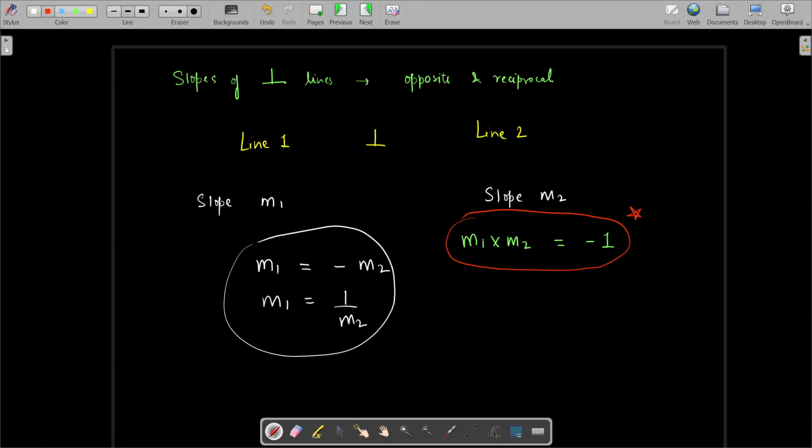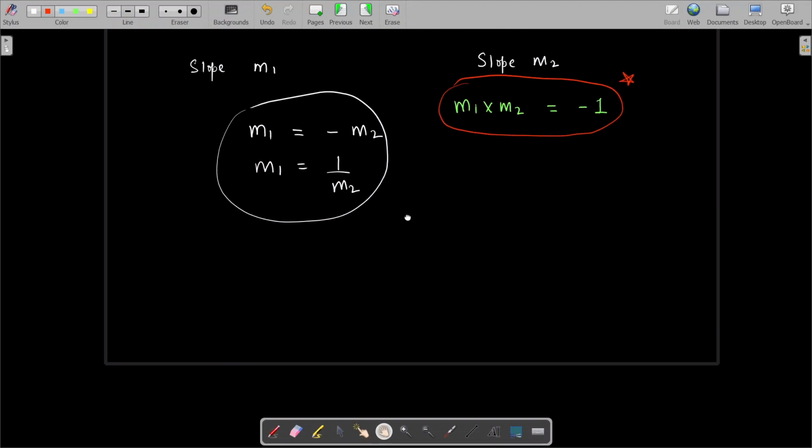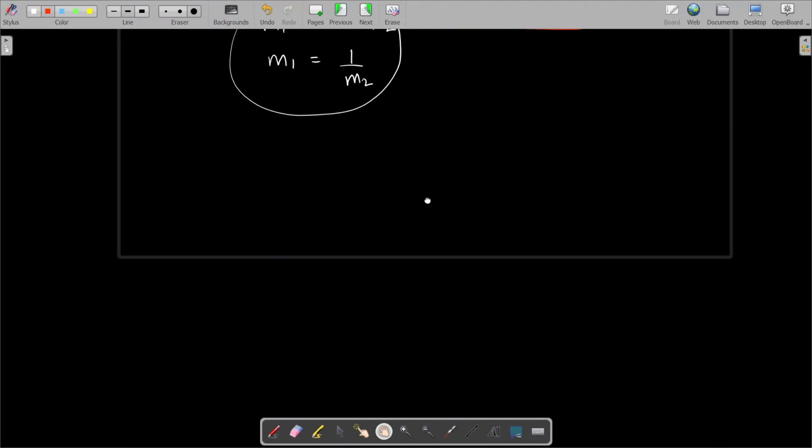Okay, so let's do one example. For example, I have one equation, y equals 2x minus 1, and I have another line. Can you tell me the slope of the line which will be perpendicular to this line? You don't have to tell the entire equation, just the slope.